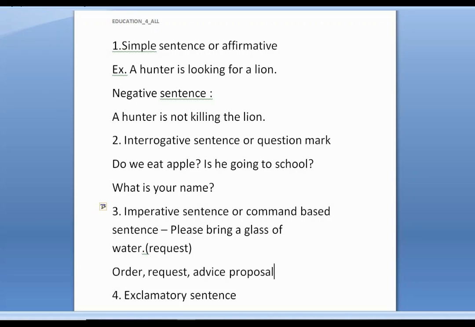So if I talk about the example for advice, never tell a lie. It is a sin. So in this we are giving someone else an advice. We should not tell a lie.